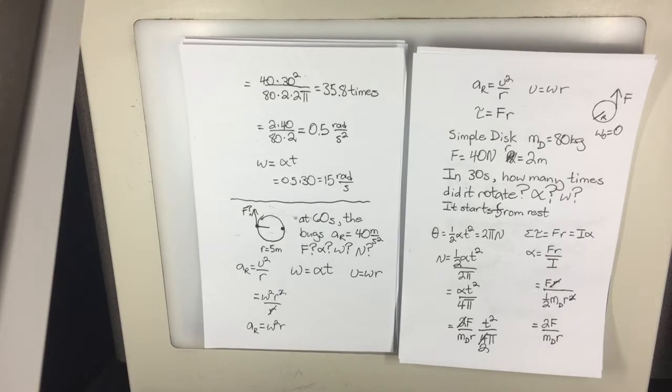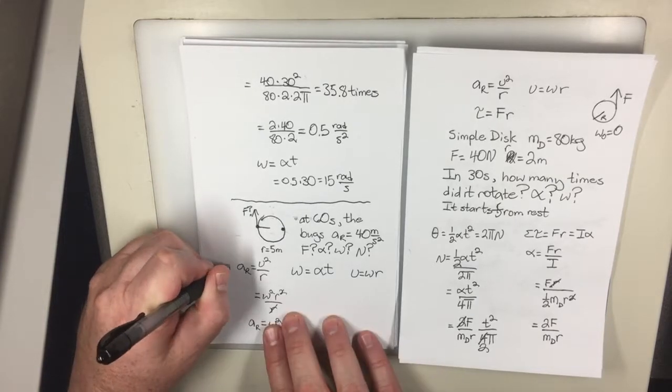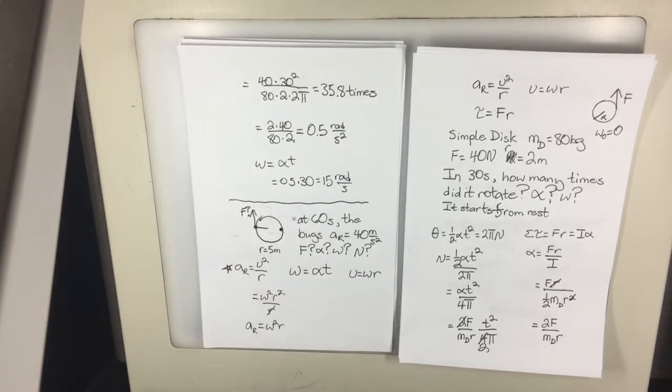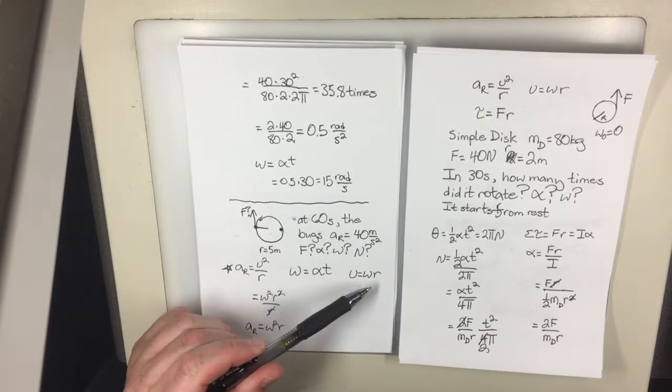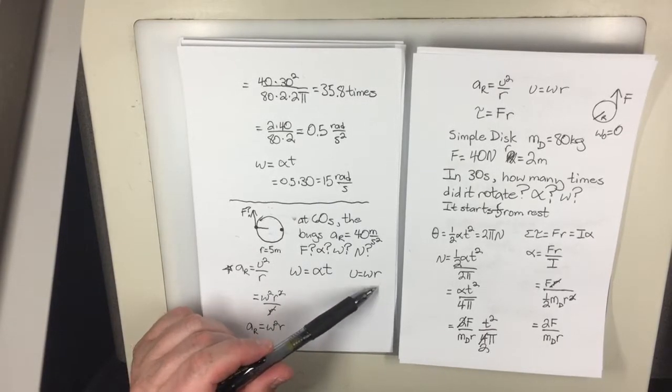So, the big error that people make is they make the observation that, yes, AR is V squared over R. So if R increases, that means that radial acceleration decreases, which is incorrect. The problem that they have is that they didn't recognize the fact that that V is R dependent.